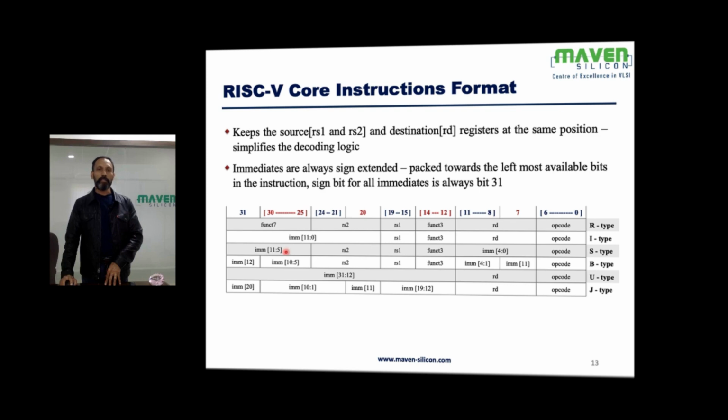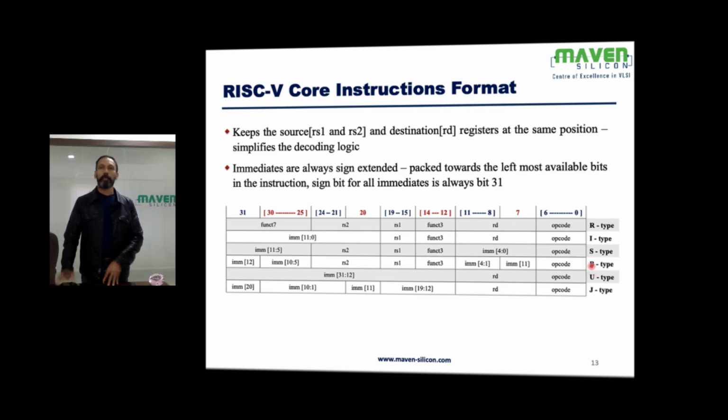Again, we need to sign extend the immediate value, then it will be 32 bits, and then we add this value with RS1. Function 3 defines the operation, what type of store. We can think of storing a word, we can think of storing a half word. That's defined by function 3.